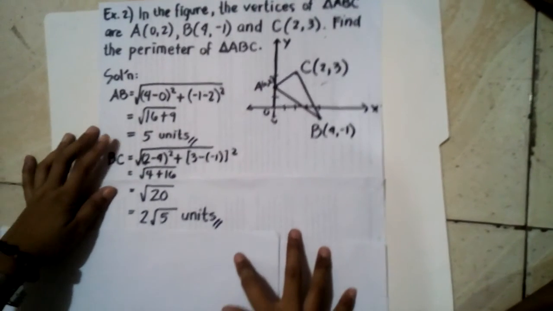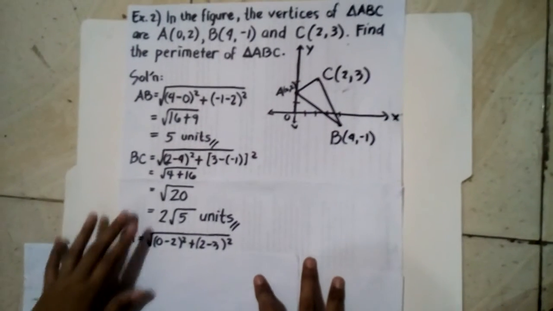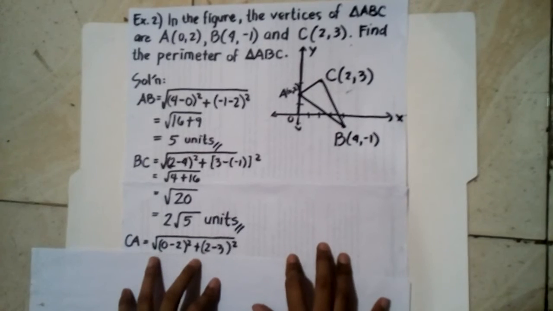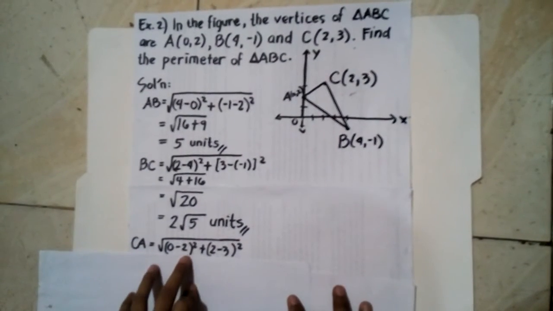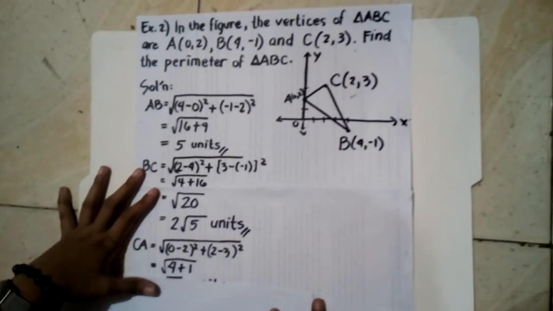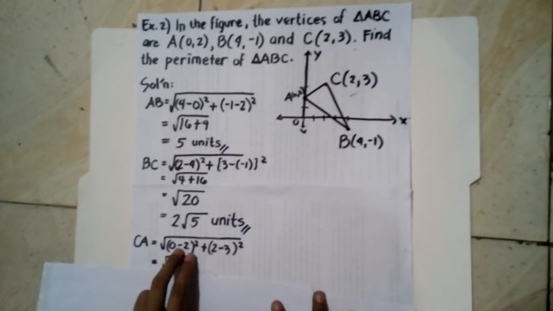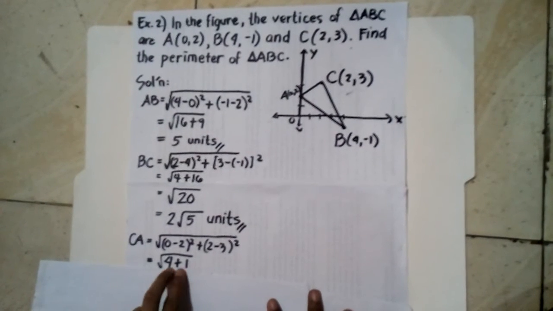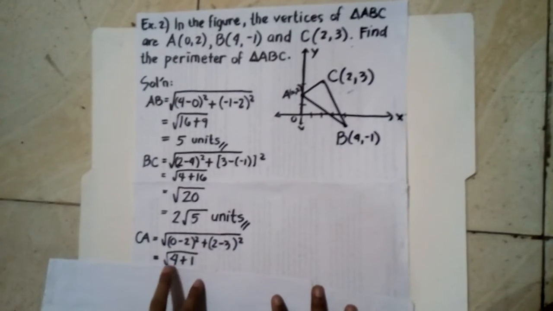And the last side is the side AC or the side CA. Again, we'll use the distance formula, and by substitution of these coordinates, we have (0 minus 2) squared plus (2 minus 3) squared. 0 minus 2 is equal to -2, and you square it, which is equal to 4.